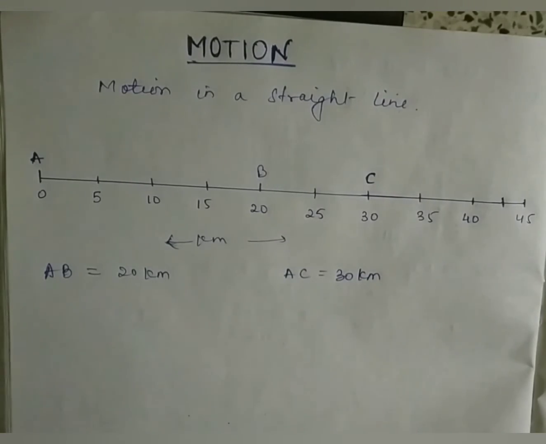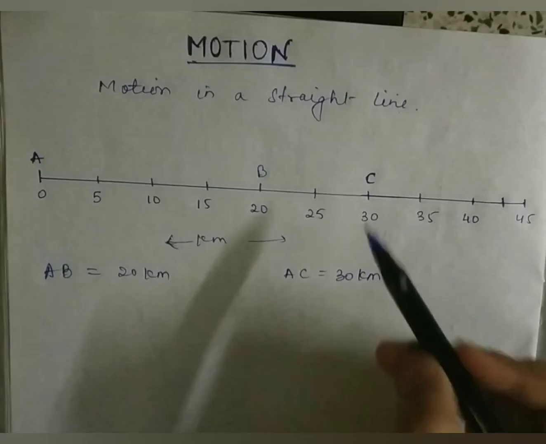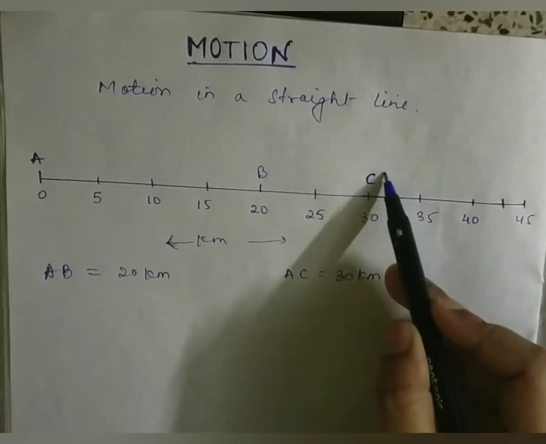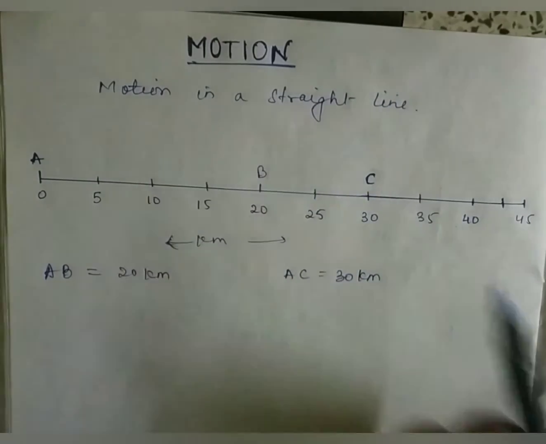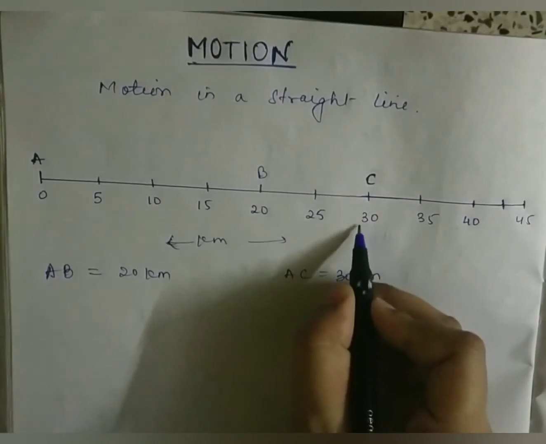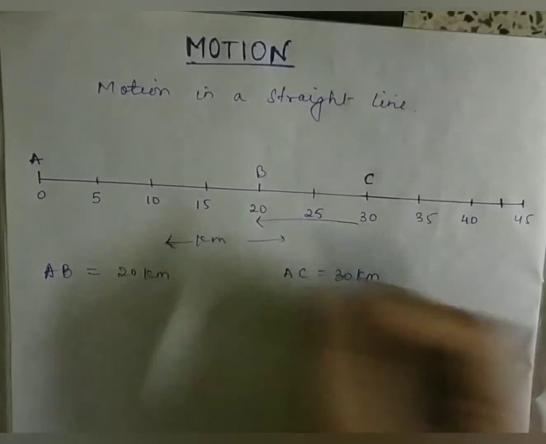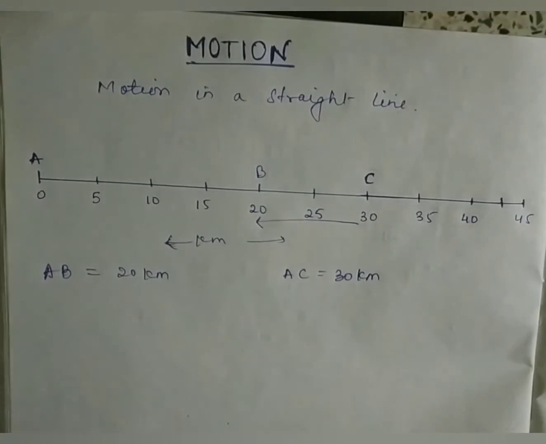Now let us consider that after reaching point C, you decide to travel back to point B. Now, what is the total distance traveled by you?